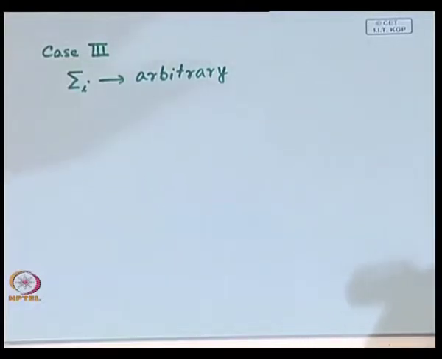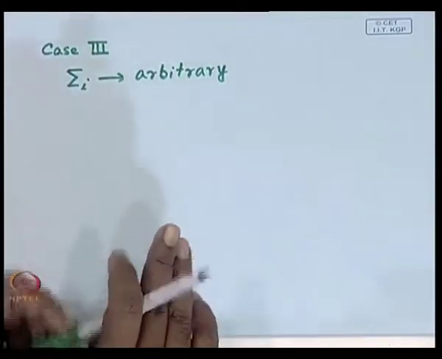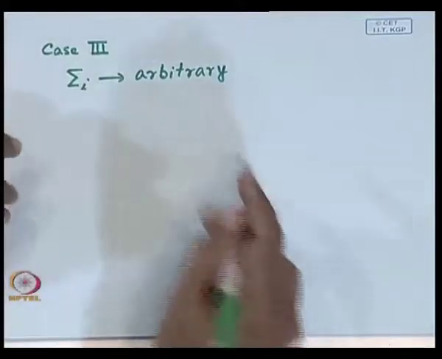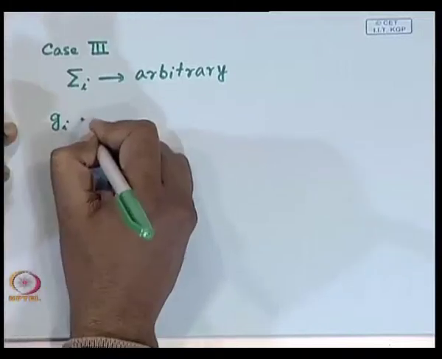In case 2, we considered that different classes have arbitrary covariance matrices, but the covariance matrices of all the classes are the same, though arbitrary. The first case was the simplest, where we assume that the different components are statistically independent and individual components have the same variance. So, this is the most general case where different classes will have different covariance matrices. Okay. So, over here I do not have any other option, I have to keep all the terms.